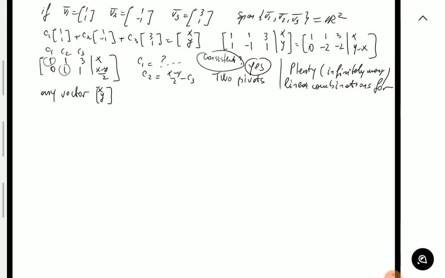So 1, 1, 1 minus 1, 3, 1 will span the entire vector space. You can always solve for C1, C2, C3. In fact, you're going to end up with infinitely many such combinations because C3 is going to be arbitrary.